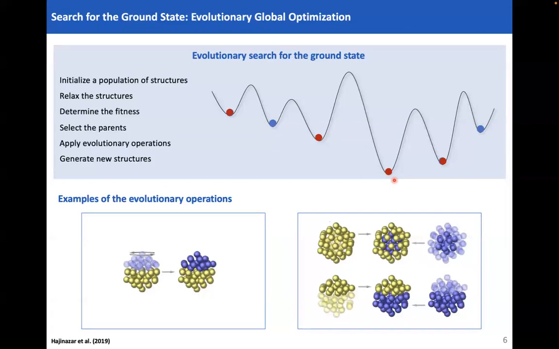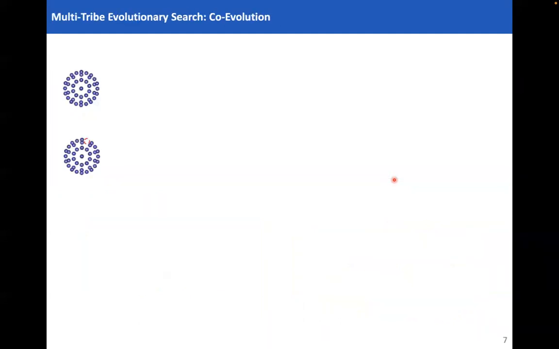But we can still utilize what we learn from nature to make this process work even more efficiently in different applications. Next, I will show you an example of a trick which can be used to make the evolutionary search algorithm perform better, here in the context of nanoparticles.